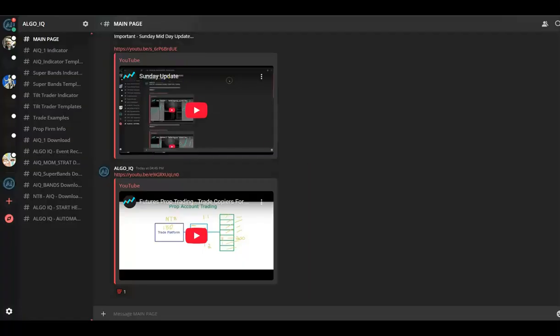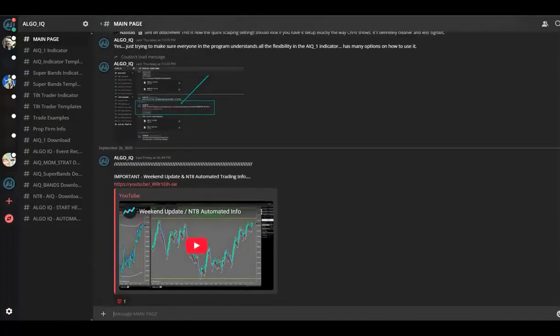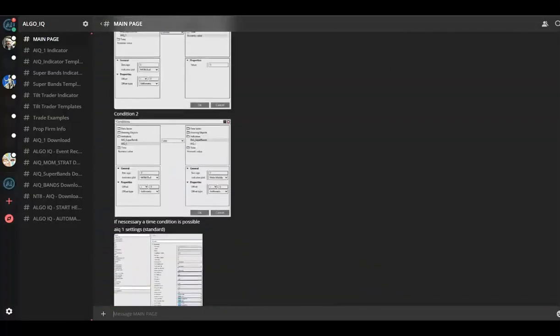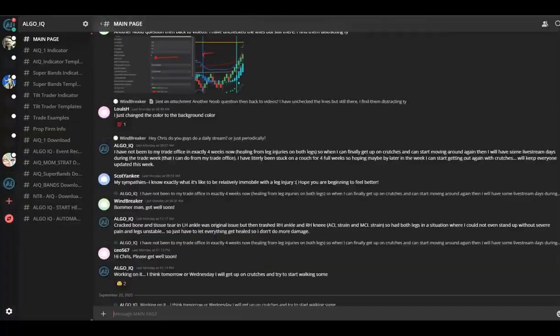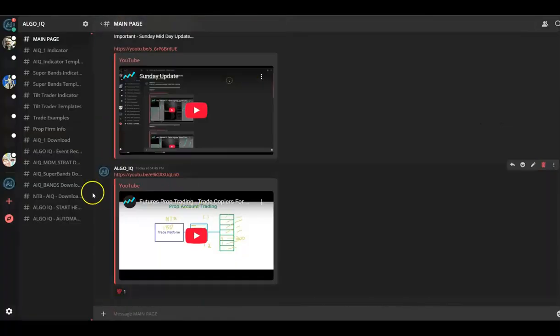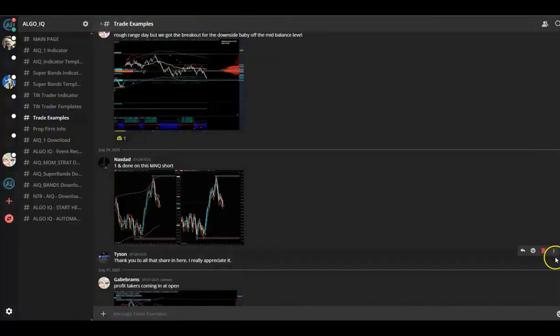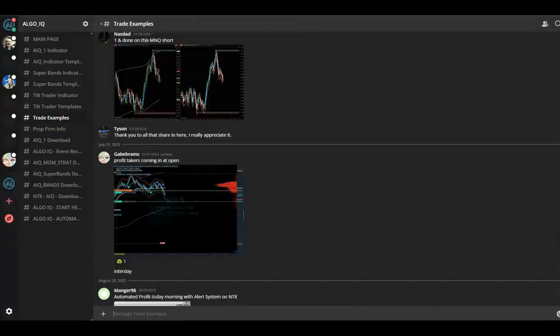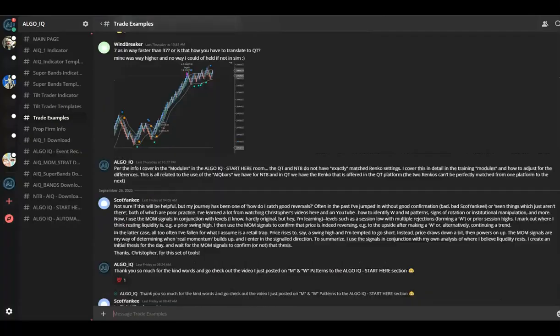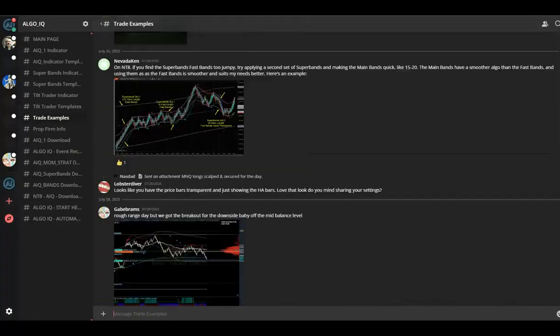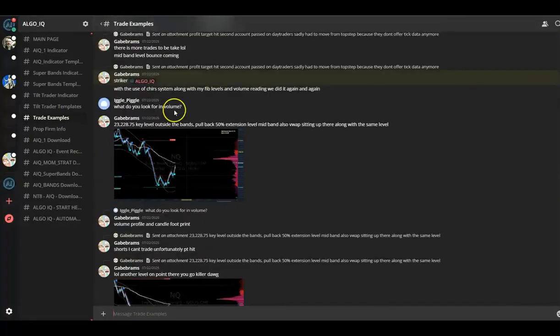We have a very robust main room sharing all kinds of what's going on, what's working for people, and so on. We have a trade examples room where traders are sharing what they're trading. I've noticed some guys are really killing it in gold lately, and just all kinds of sharing going on there.